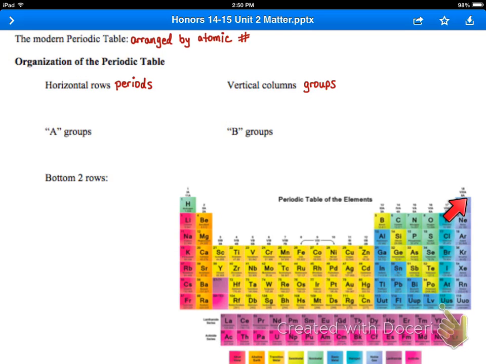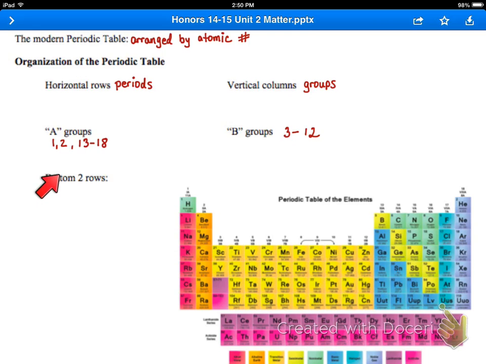There's also the A and B numbering system, where the first 2 groups are A groups, as well as the last 6. Those are the A groups, and the B groups are found in the middle. This table here, as well as the one that you have, has both numbering systems on there, but we usually refer to them by the group number 1 through 18.